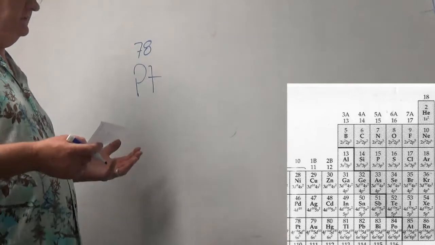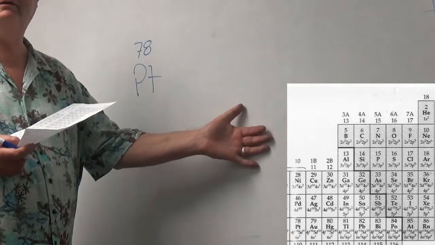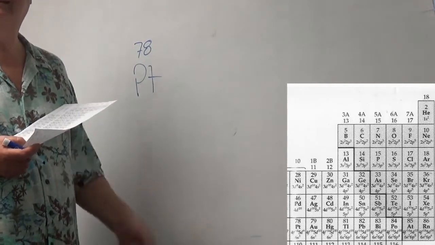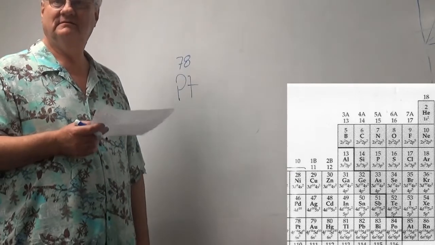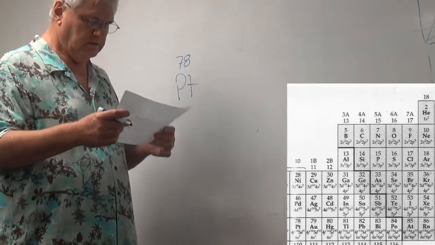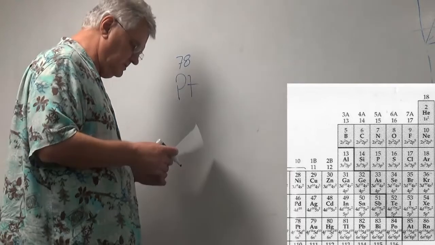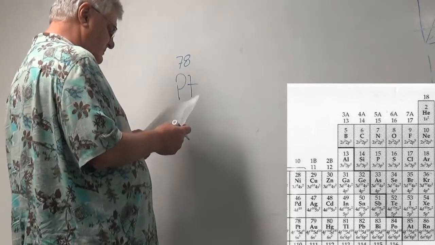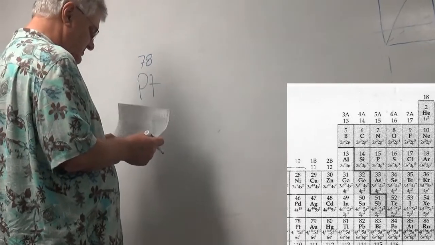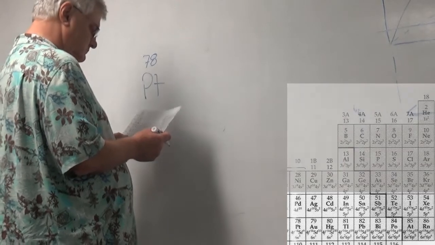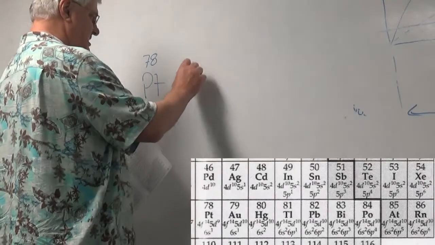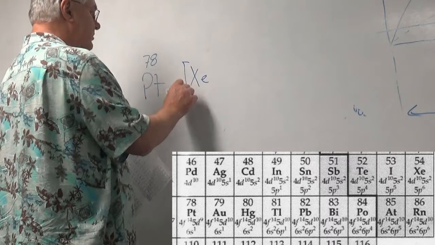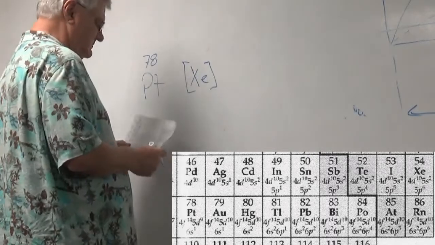And you can see, if you showed the entire electron configuration, that's 78 electrons. That's kind of busy. So this is a simpler approach. But what's the first thing we write down for the electron configuration for platinum? Xe. Okay, xenon is the nearest noble gas.